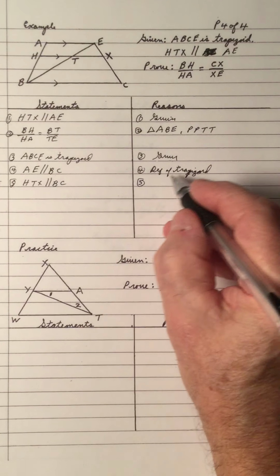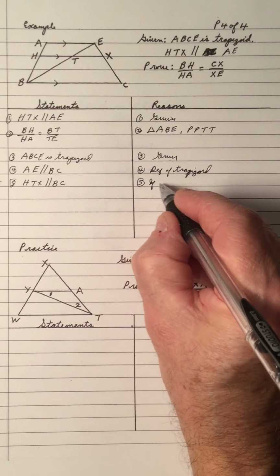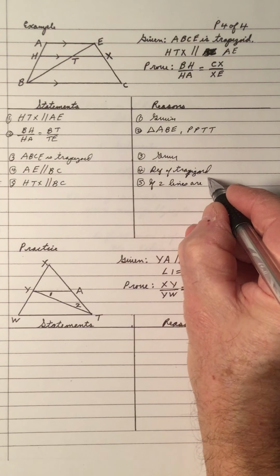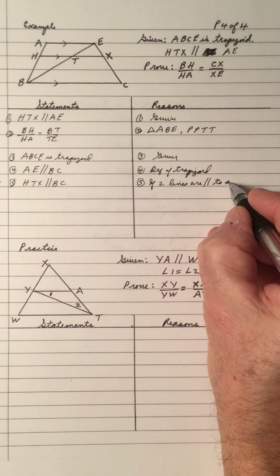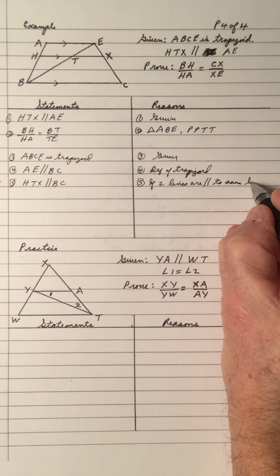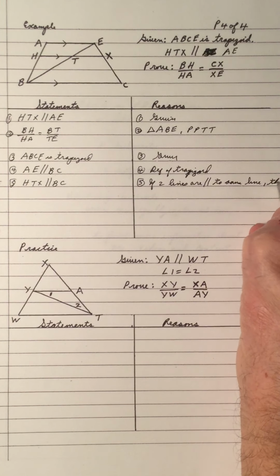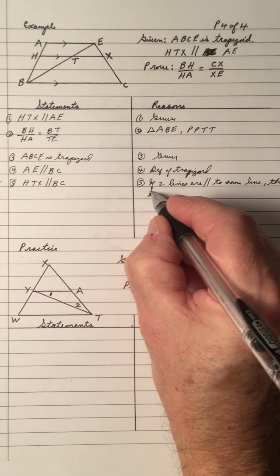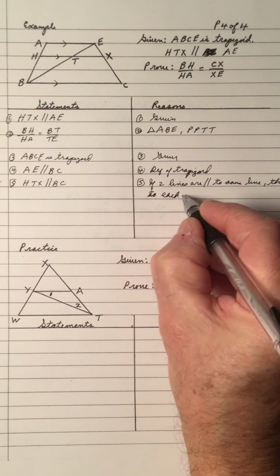All three of them must be parallel, because if two lines are parallel to the same line, they are parallel to each other.